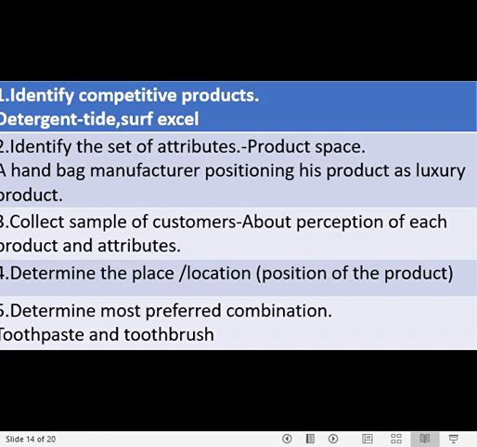Now, if I choose Tide, it means that the concept of Tide is much better for me than the other product. Second one, based on the attributes. Attributes are nothing but the characteristics of the product. It will show what the product space is and how I can buy.